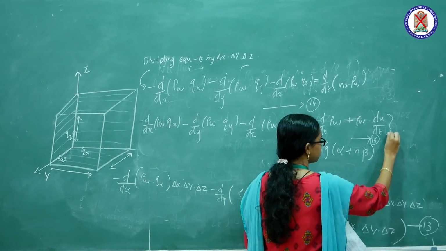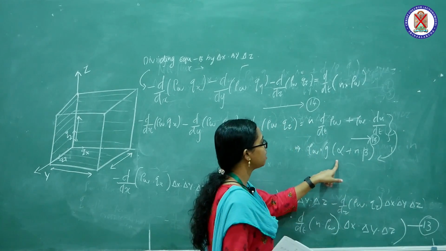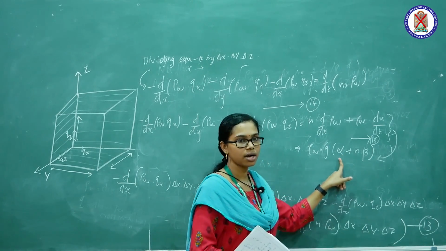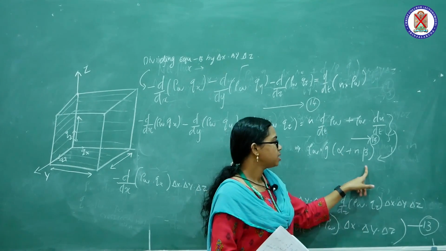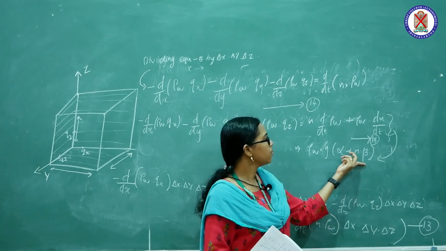This particular equation can be rewritten like this, because the alpha represents the compressibility of the aquifer material, and beta is represented by the compressibility of the particular fluid.